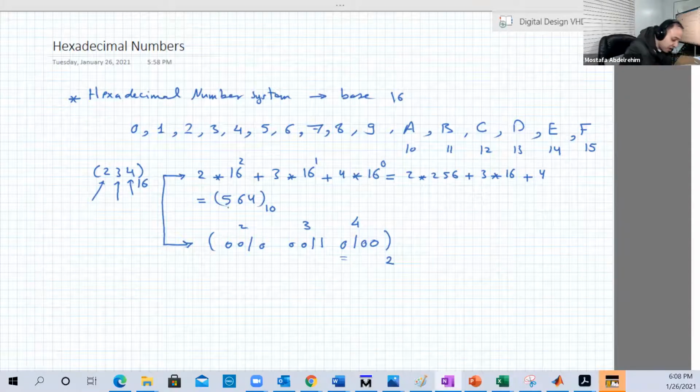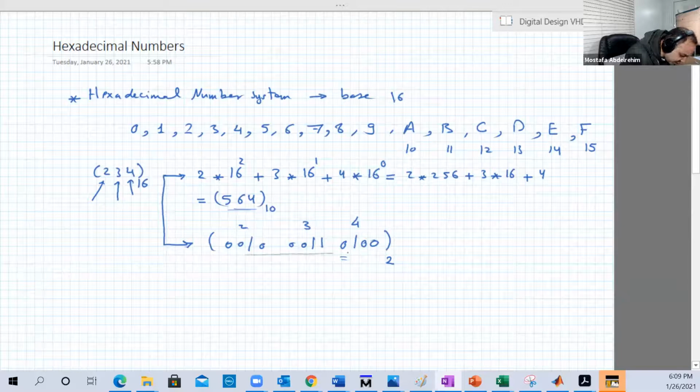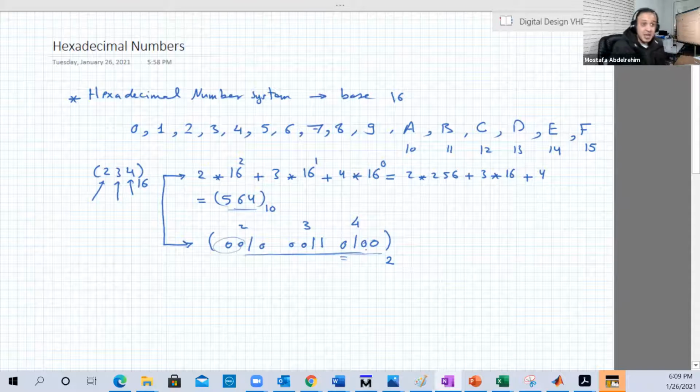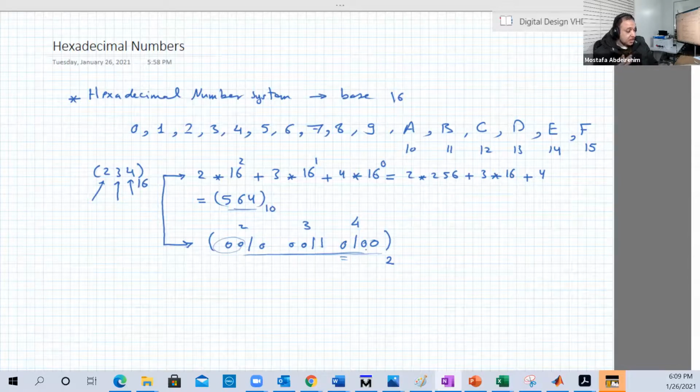For example, 564, which is only 3 digits and very compact, is converted to 10 digits. It's still big, even after neglecting the last 2 zeros. From 3 to 10 is more than 3 times.